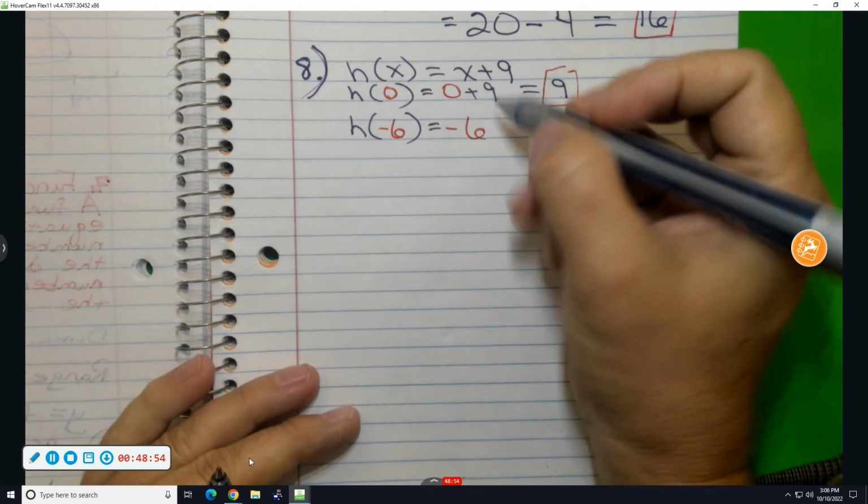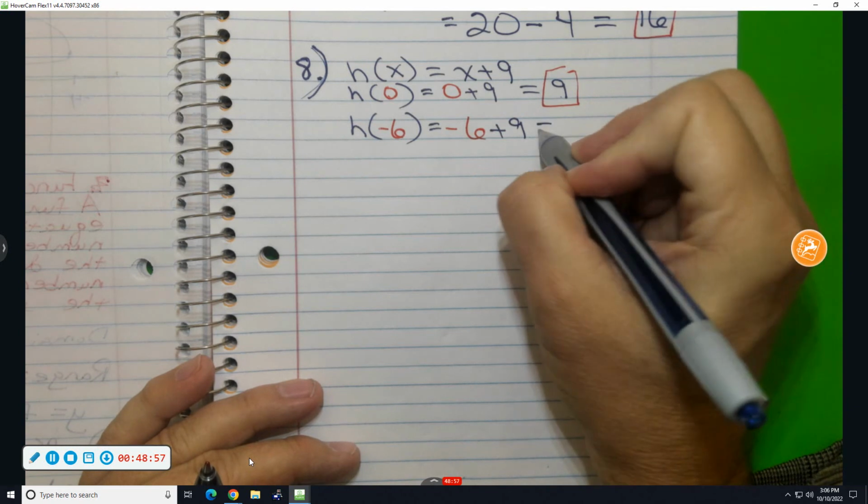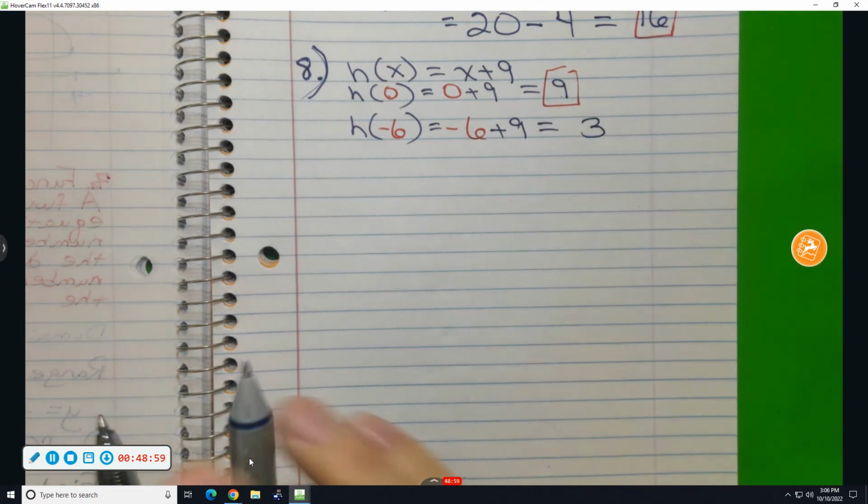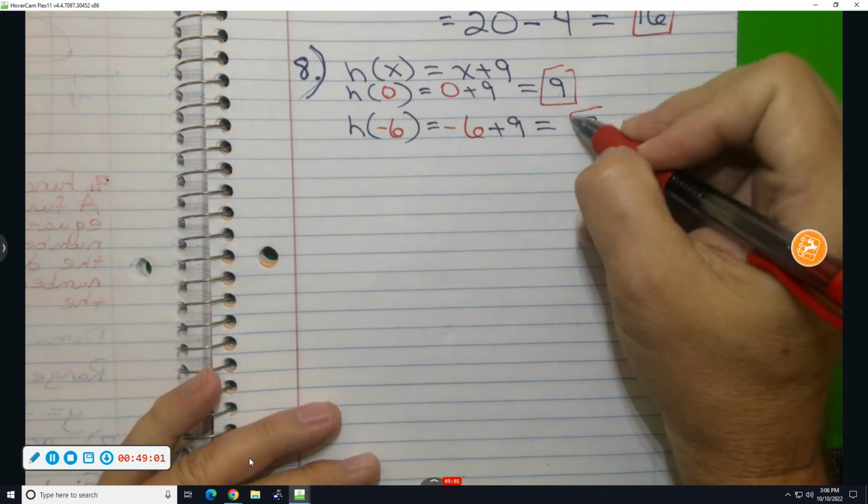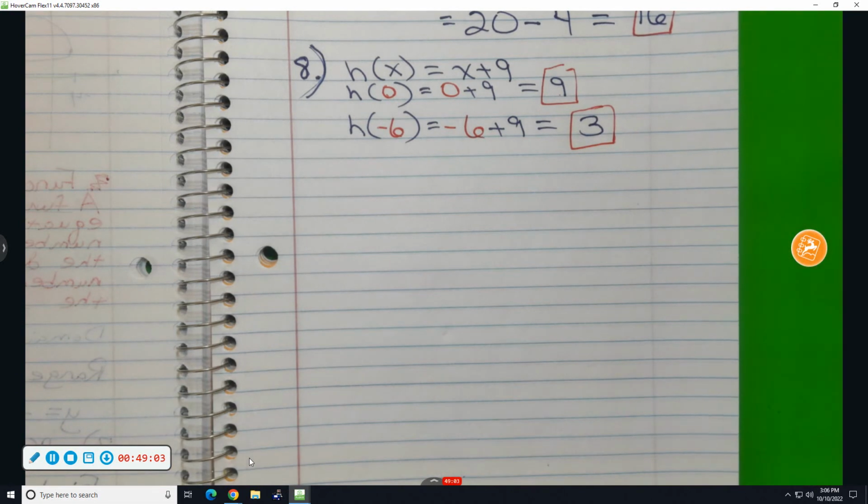Negative 6 plus 9 gives me a y value of 3. So h of negative 6 is 3.